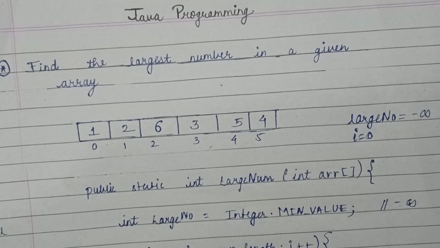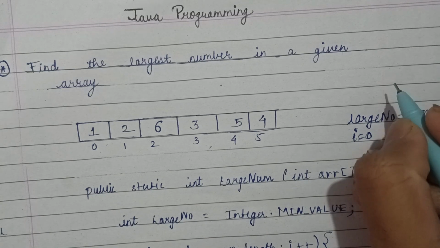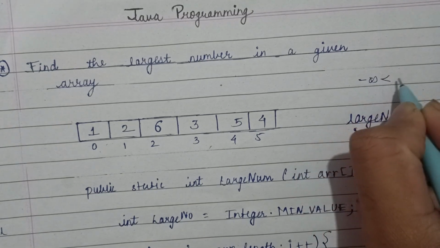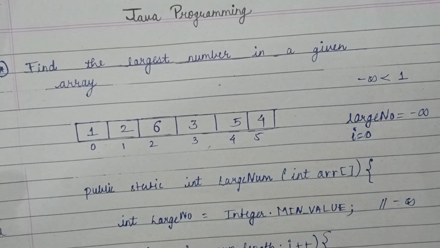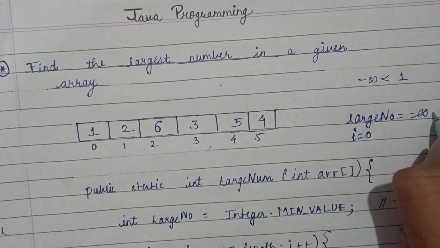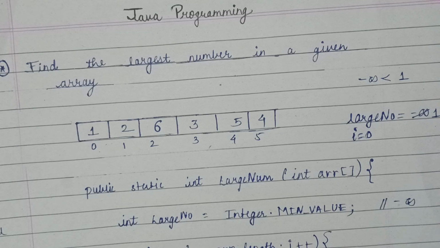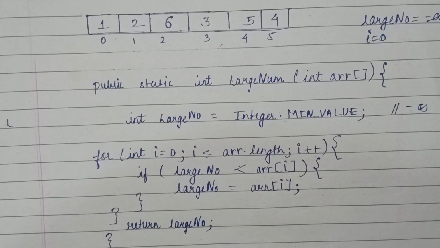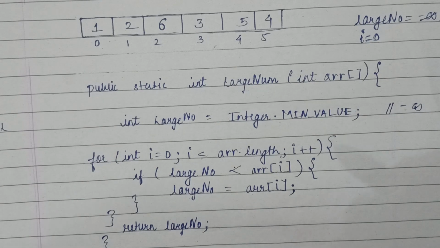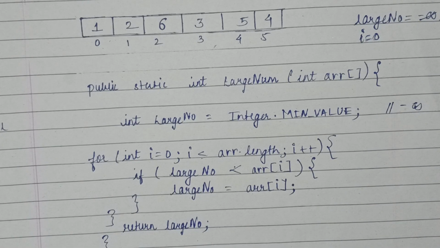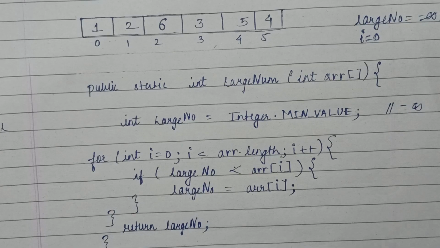Is negative infinity less than 1? The condition will be true, and largeNumber will be updated to 1, that is array of i. And now the value of i gets updated. Now i has become 1.